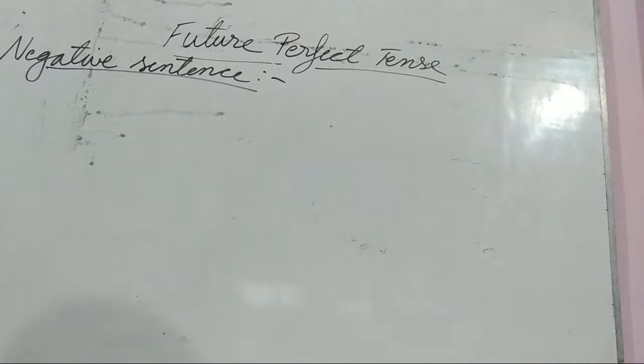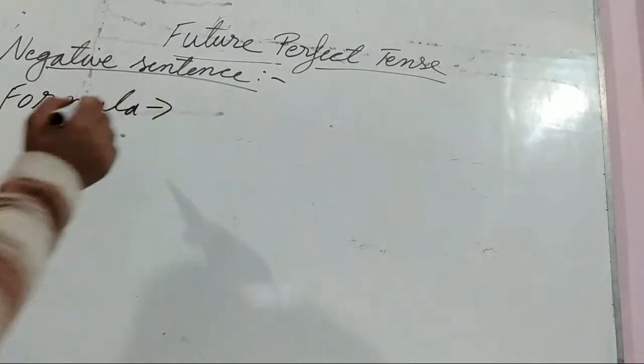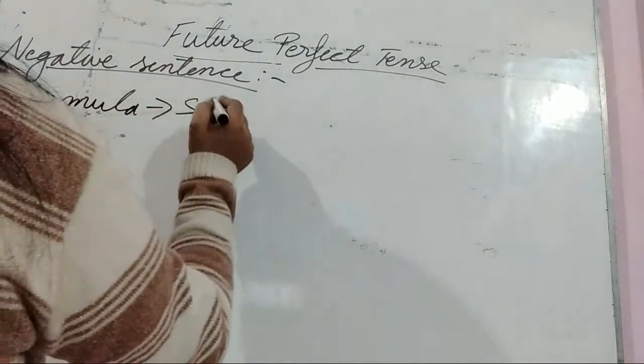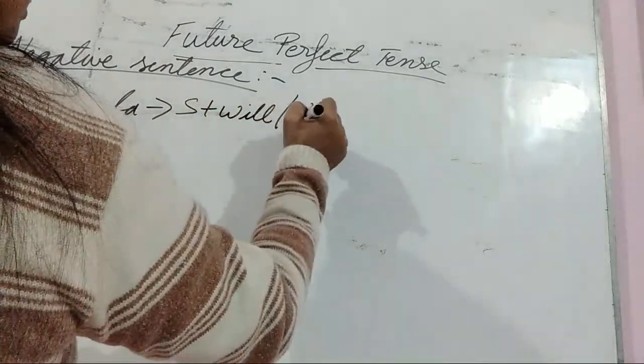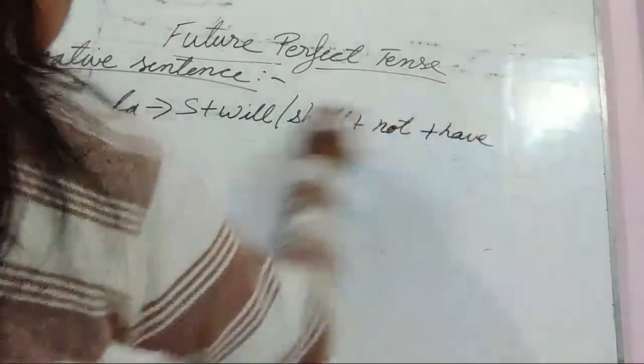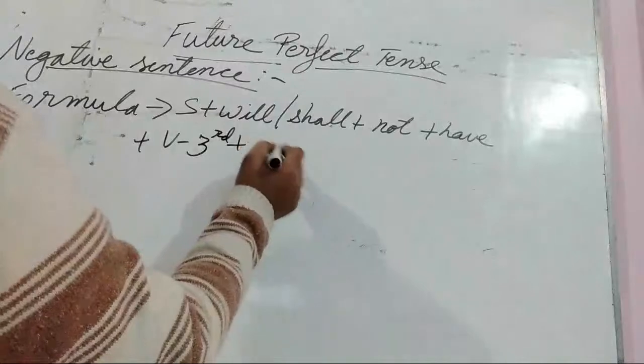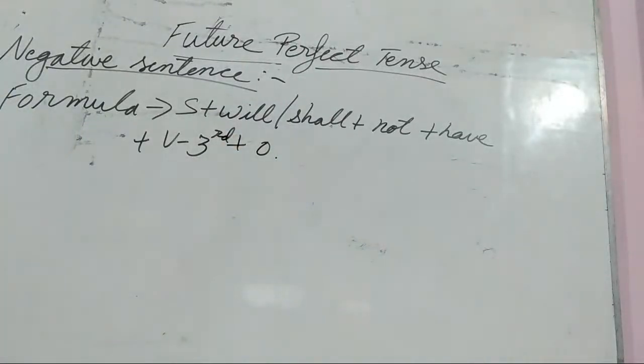The formula is: subject plus will or shall plus not plus have plus verb third form plus object. Now let's see the example related to it.